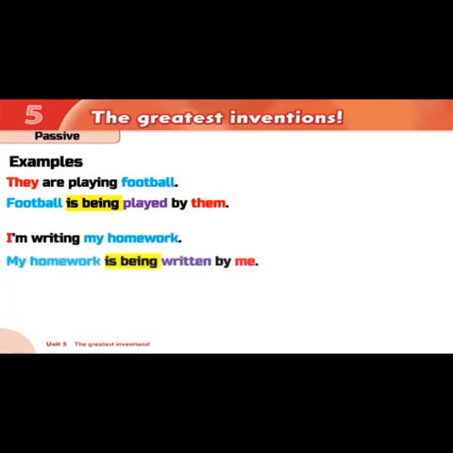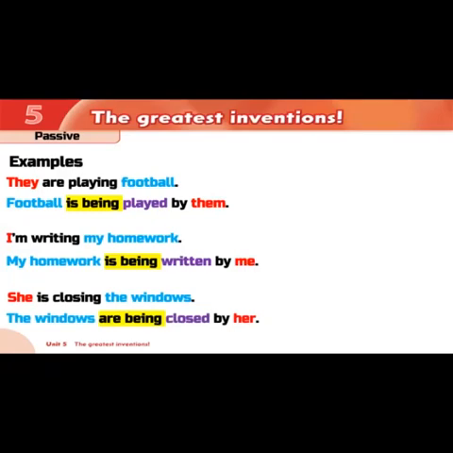It will be my homework is being written by me. The next one, she is closing the windows. It will be the windows are being closed by her. And here we used are with windows because windows is a plural noun.